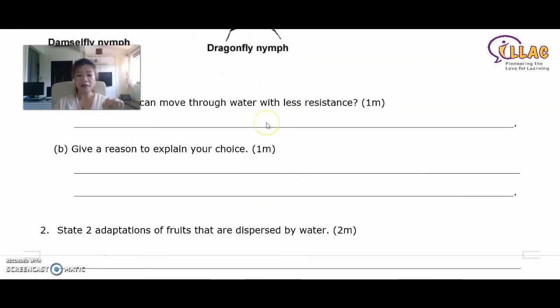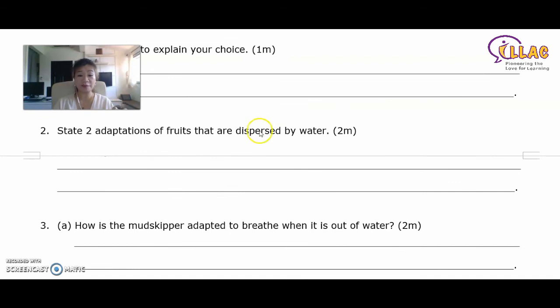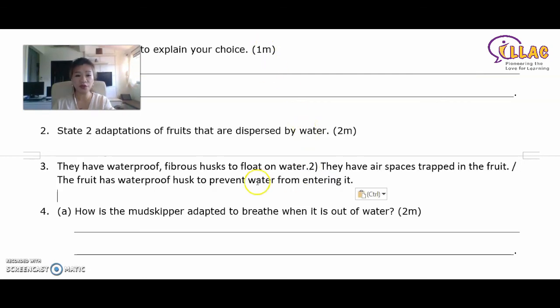Okay. State two adaptations of fruits that are dispersed by water. There is actually more than two. You can actually have more. For example, you can talk about their waterproof fibrous husk, or you can also talk about the air spaces trapped in the fruit.